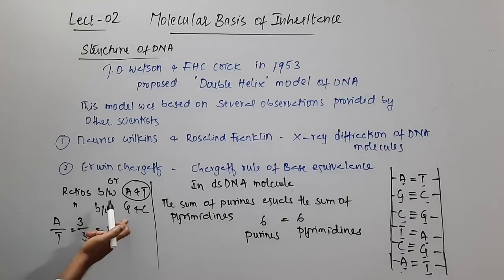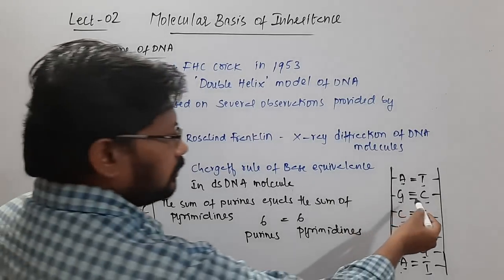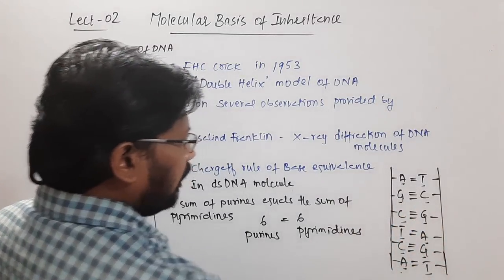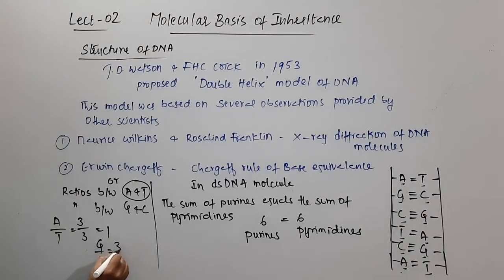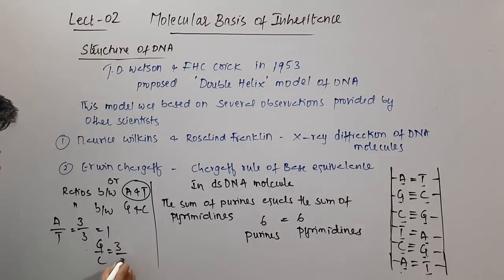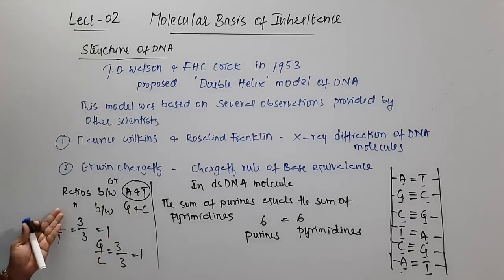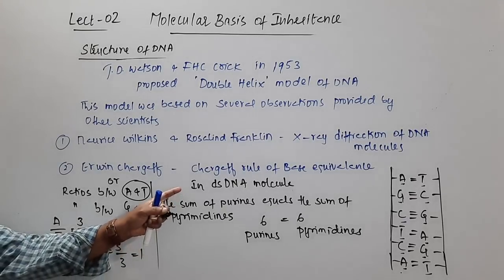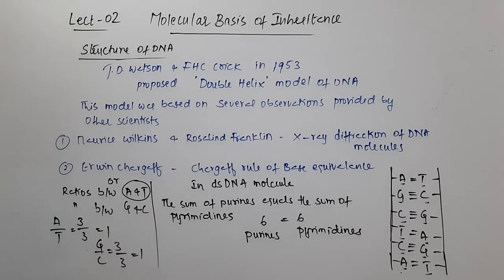Take G by C: 1, 2, 3 guanine, and cytosine 1, 2, 3. That again equals 1. So whatever the ratio between adenine and thymine, or between guanine and cytosine, it will be constant and equal 1 in a double-stranded DNA molecule.